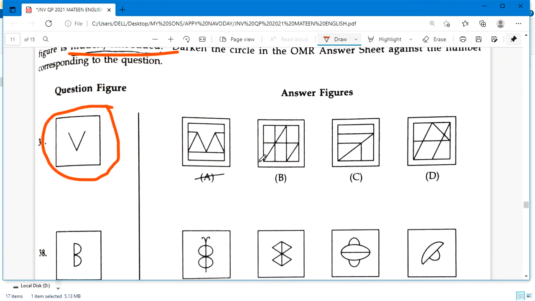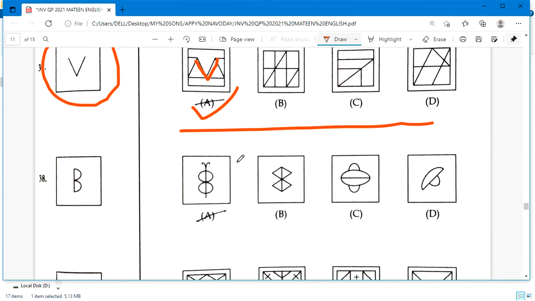In which figure is this shape included? Hidden figure. We have to find out the hidden figure of the following shapes. Among these 4 shapes, in which image is this shape hidden? That's nothing but this V is hidden in this figure. So option A is the right answer.